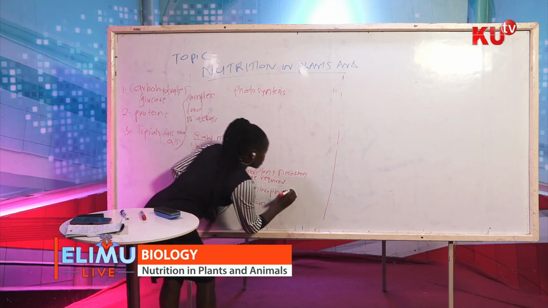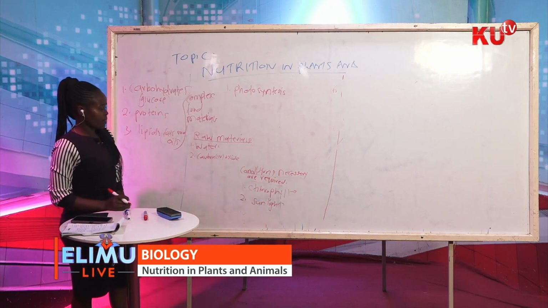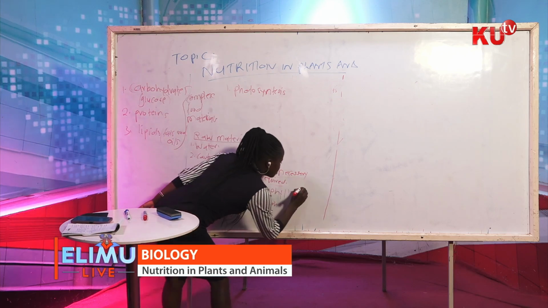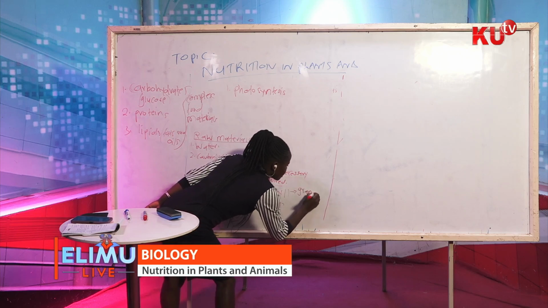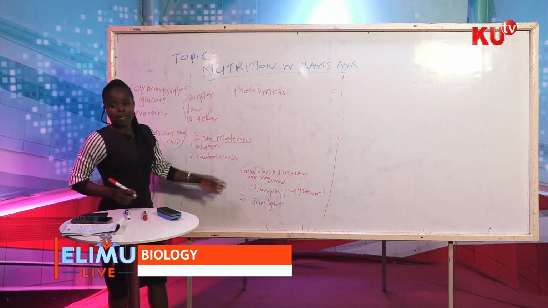And the chlorophyll is found at the granum. They are found at the granum of the chloroplast.